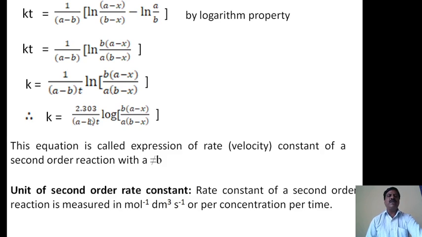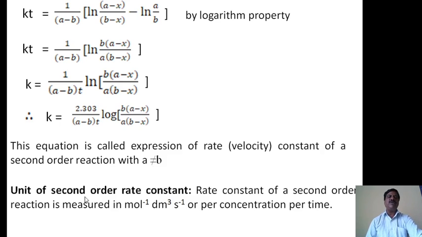So we get 2.303 divided by (a minus b) into t log of b into (a minus x) divided by a into (b minus x), and this equation is called the expression of velocity constant or rate constant of a second order reaction when a is not equal to b.